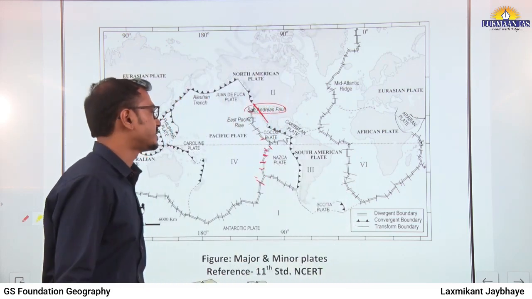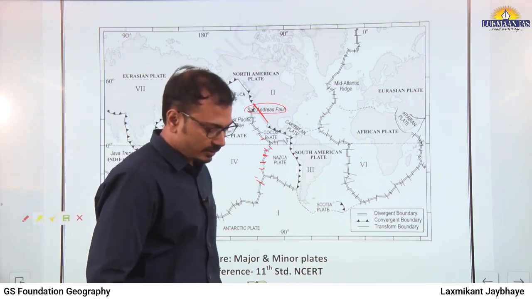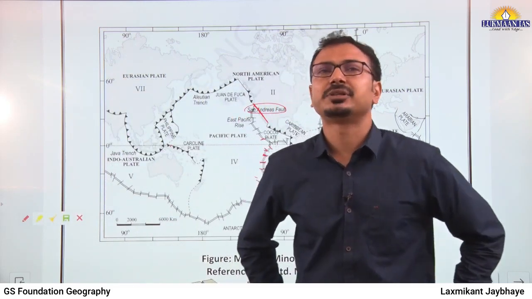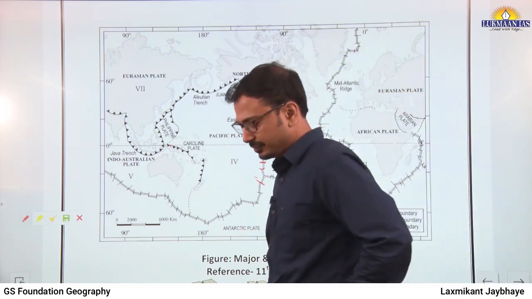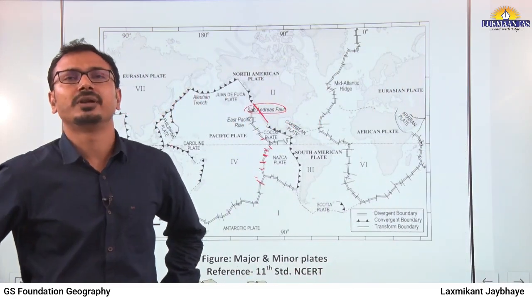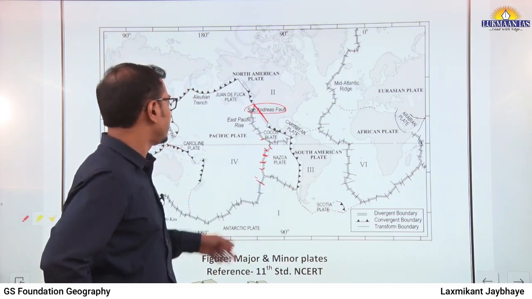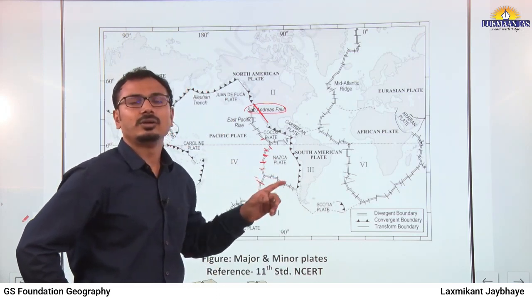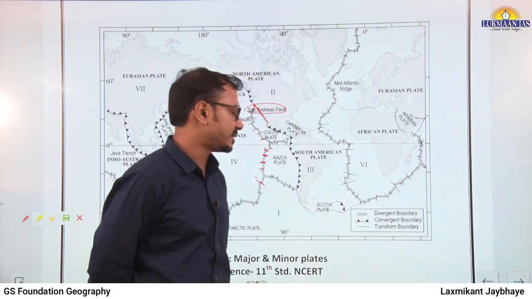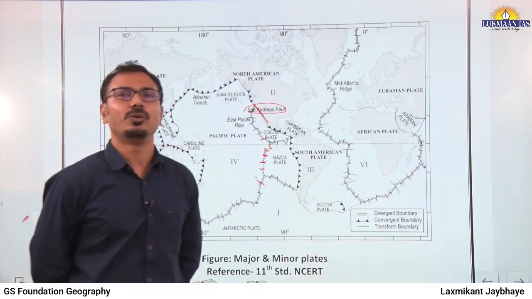For example, in the Pacific Ocean itself, the volcanic eruptions in Hawaii, the Hawaiian islands and volcanoes, are actually at the center of the Pacific plate. So intraplate volcanism and intraplate earthquakes are not explained by plate tectonic theory. This is the only criticism or limitation of plate tectonic theory.